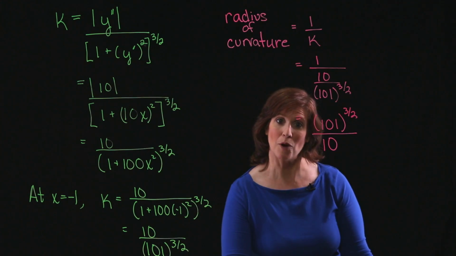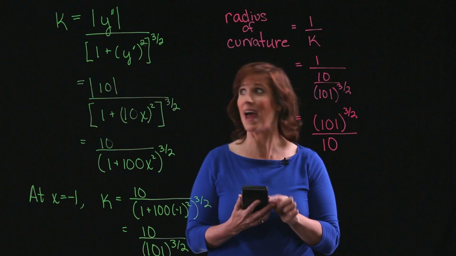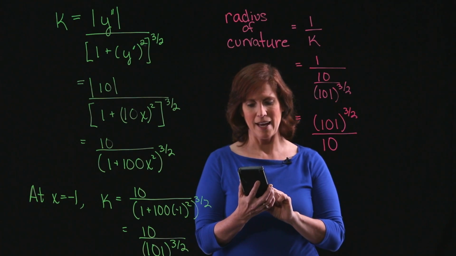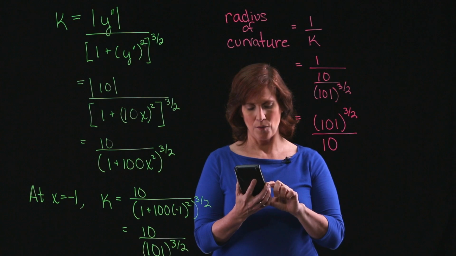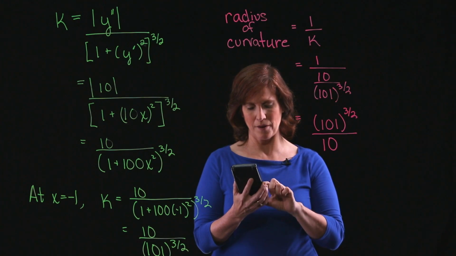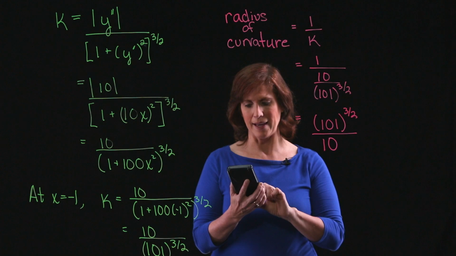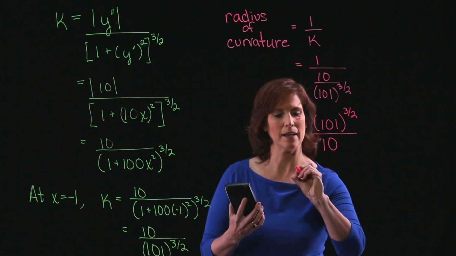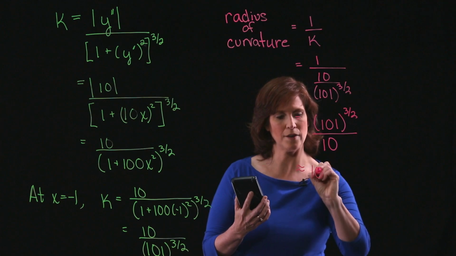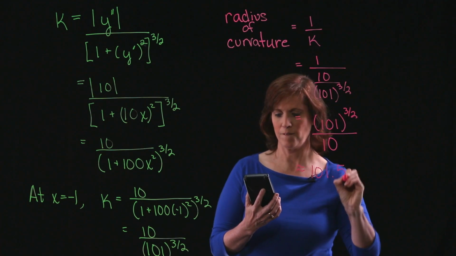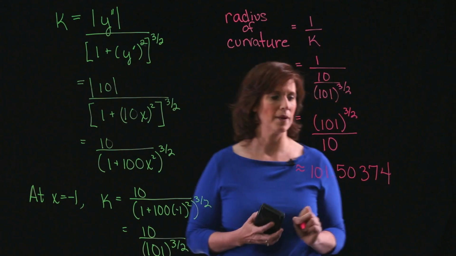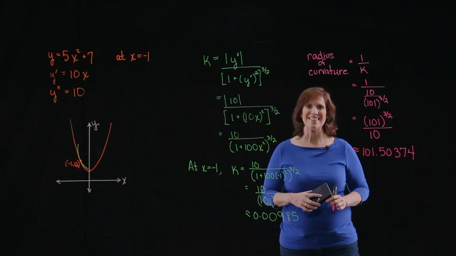If we want to get a decimal approximation for this radius of curvature at x equals -1, we can use our calculator and say 101 raised to the 3/2 power divided by 10, and I get approximately 101.50374. I hope that was helpful. Thanks.